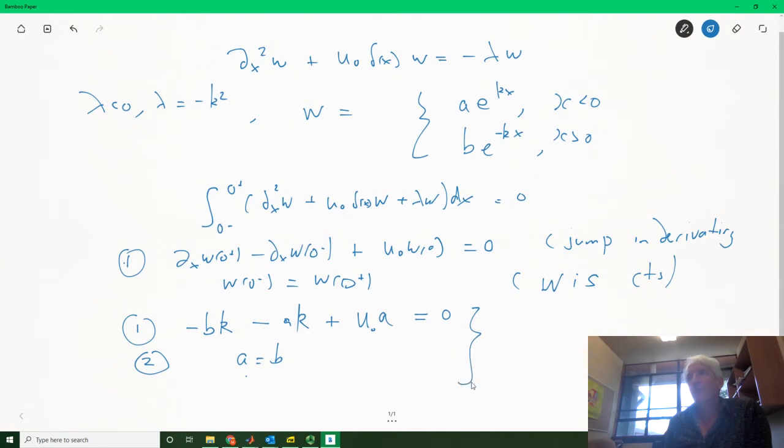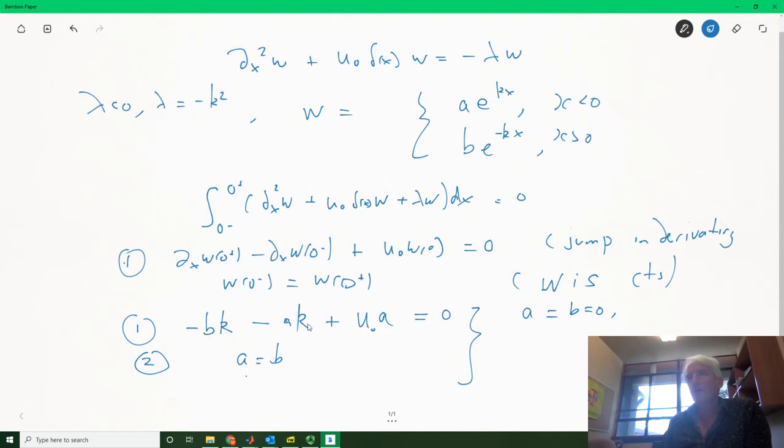So we've obviously got the solution a equals b equals 0, so we need to find out when we would be able to get a non-trivial solution. We need something special to happen with the k. This equation has to have a non-trivial solution when b is equal to a.